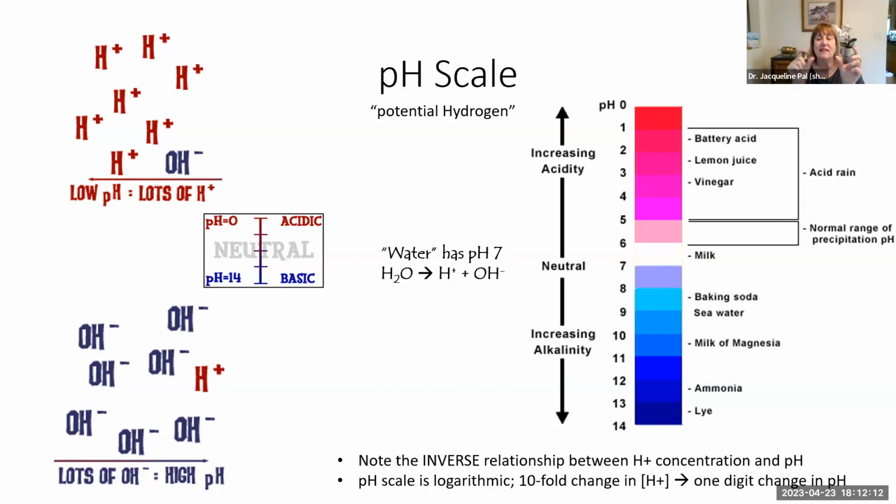Each of these is a 10-fold change, just like the Richter scale for earthquakes here in California. It's a logarithmic scale as opposed to a normal linear scale.